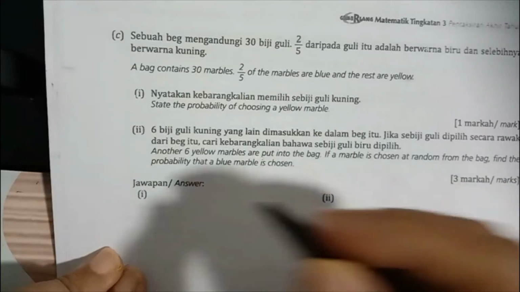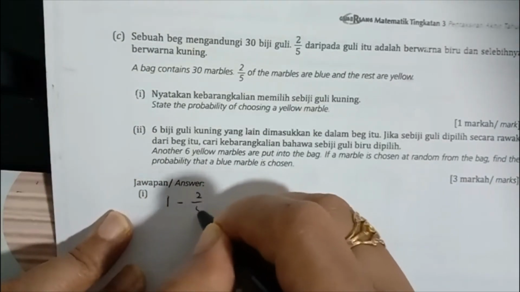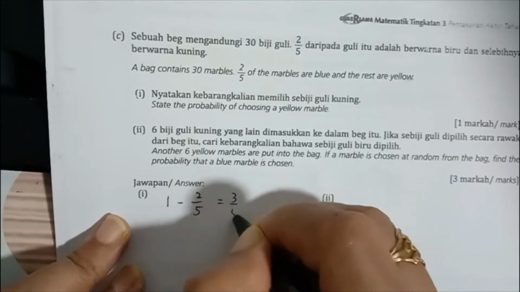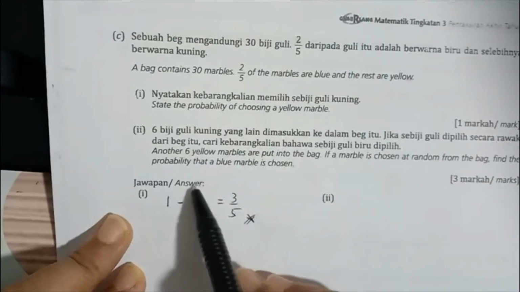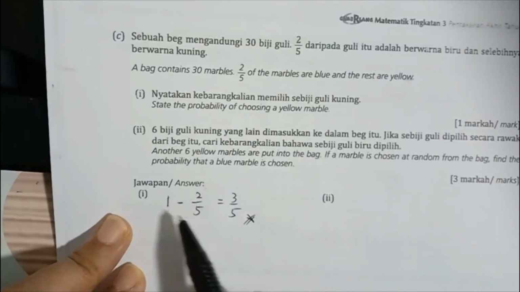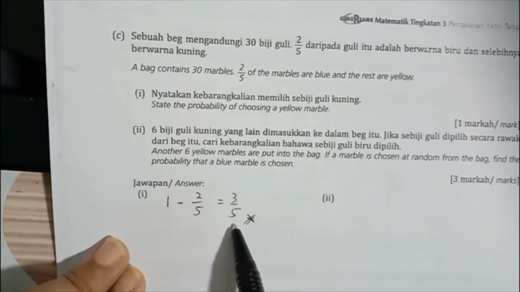Okay, so you can calculate the probability is 1 minus 2 over 5, 3 over 5. Okay, so this is for the blue one. So 1 minus the blue one, meaning the probability is for the yellow one. Okay, so this one is for yellow.